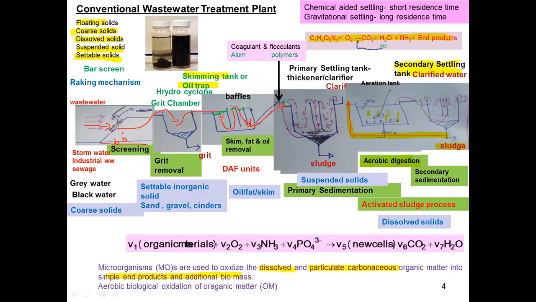Therefore this sludge is called activated sludge, and this process is called the activated sludge process. The activated sludge process consists of the aeration tank and the secondary settling tank. Aeration tank plus secondary sedimentation tank is called the activated sludge process.